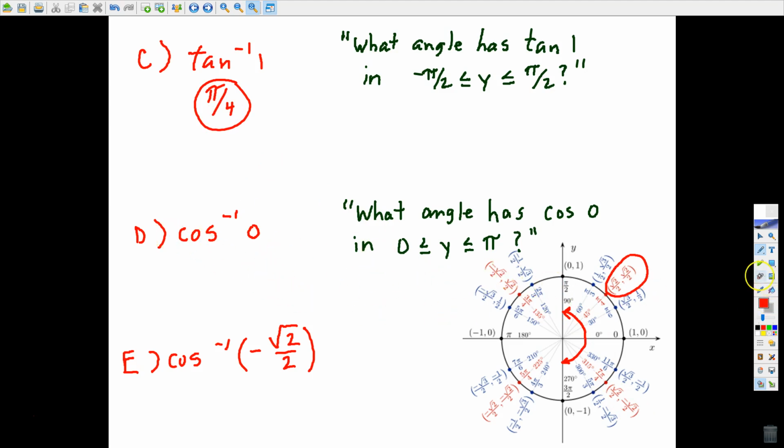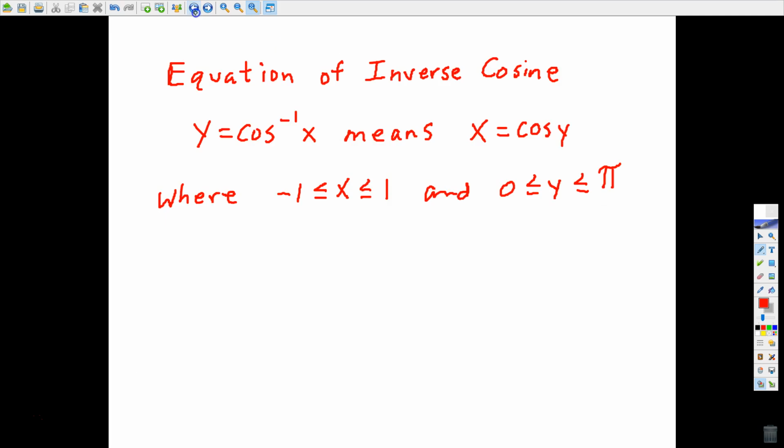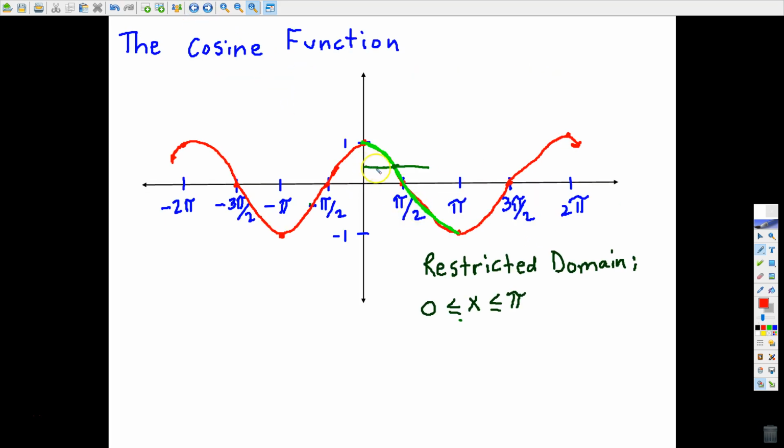Now let's talk about cosine. We've talked about sine and tangent using the right half of the unit circle, because that's the way the range is described. Cosine's range is described, remember, as between 0 and pi. We talked about that earlier when we were looking at the graph and the restricted domain.